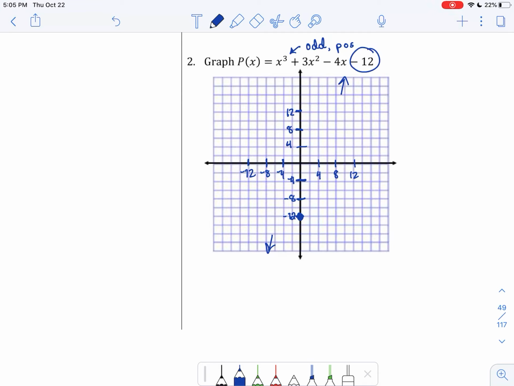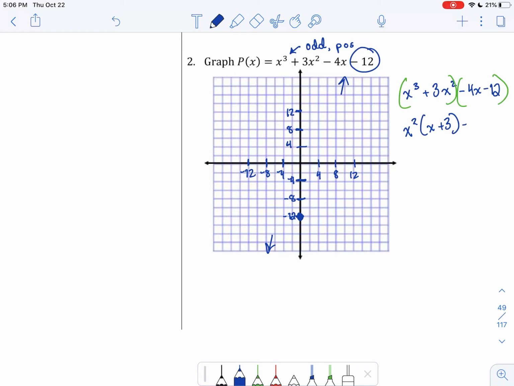And now here's the tricky part of finding our roots, because we're going to have to factor. Now we have 4 terms, x cubed plus 3x squared minus 4x minus 12. And remember, if you have 4 terms, you want to think about grouping. So in this case, the common term of x cubed plus 3x squared would be x squared times x plus 3.